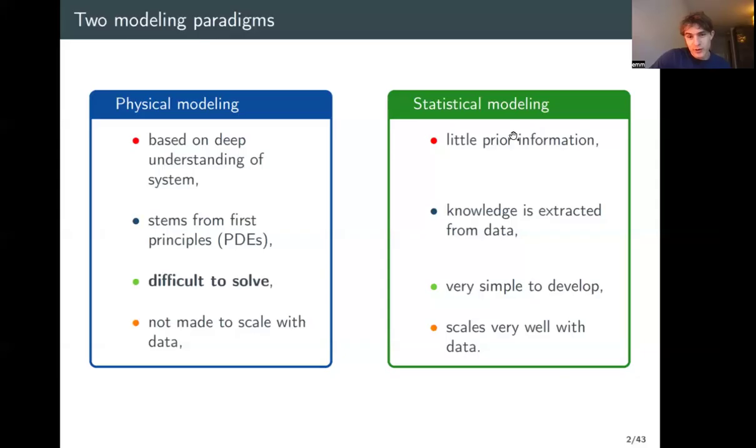Statistical modeling was actually made to solve these types of problems in this specific way. And it turns out that nowadays it's very simple with PyTorch, for example, or JAX to prototype really fast and efficient methods.